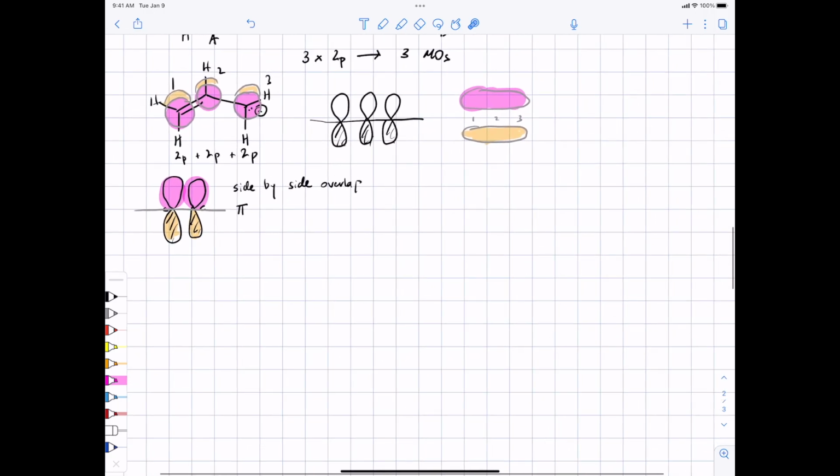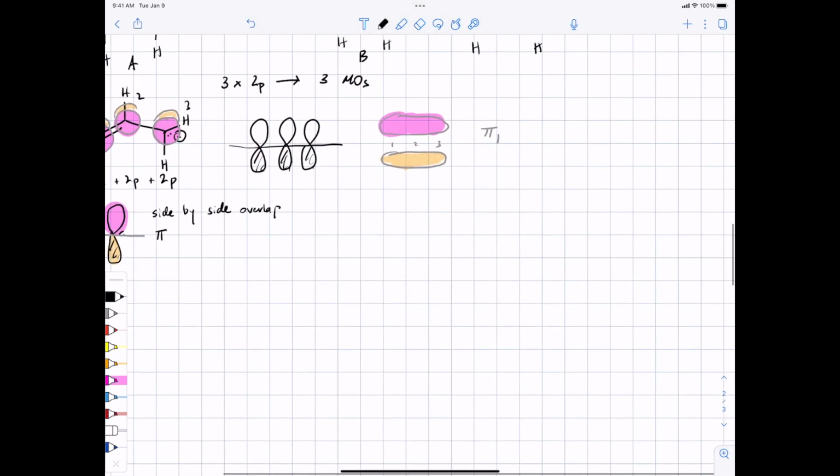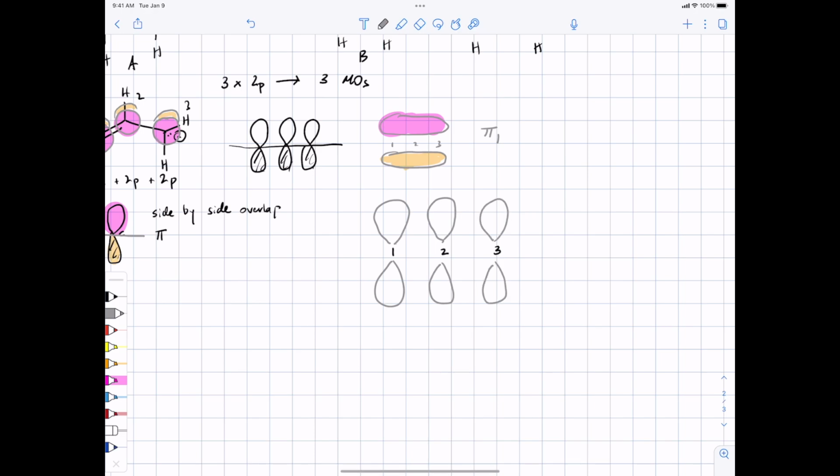Now the other two orbitals that we can get, we're going to call this pi 1 because it's the lowest energy one. The other two come from, and I'm going to put atoms 1, 2, and 3 here. We can construct an orbital from the minus combination of the p orbitals in which we have a node in between all of the nuclei.